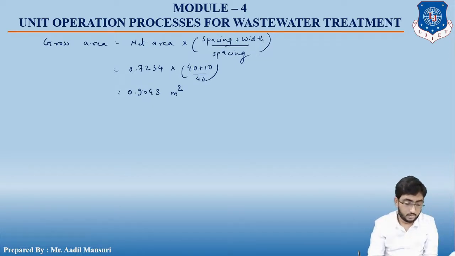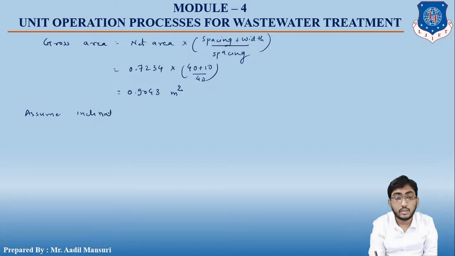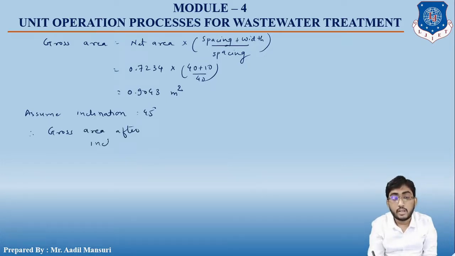Now assume inclination equals 45 degrees, right? So therefore gross area after inclination will be equal to gross area upon sine of 45 degrees.